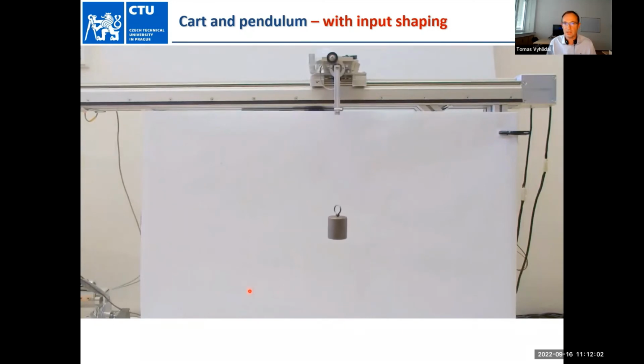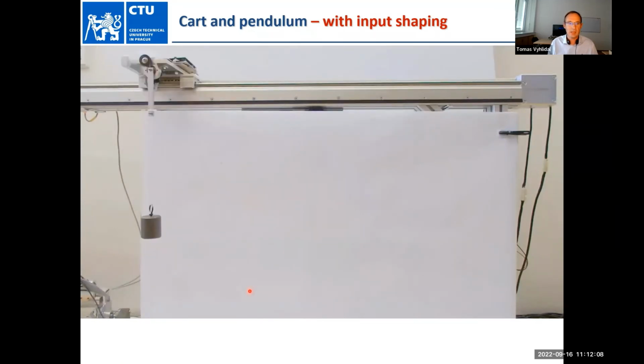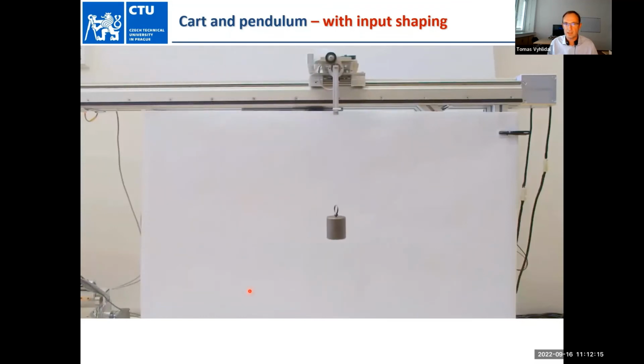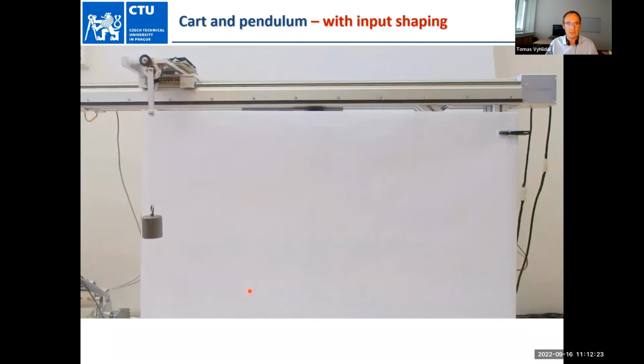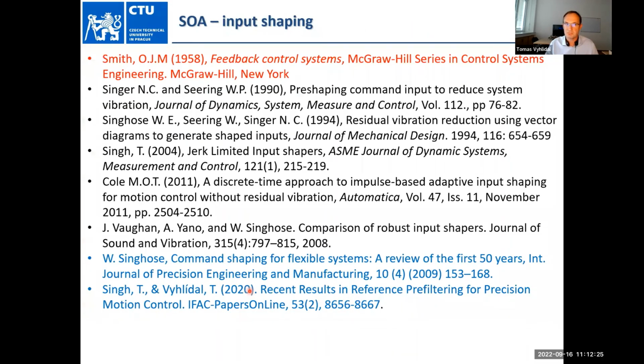So here the reference was filtered by an input shaper, and as you can see, we have almost no oscillations at the end. This concept is used a lot, mainly in crane applications, and also in some flexible robotics.